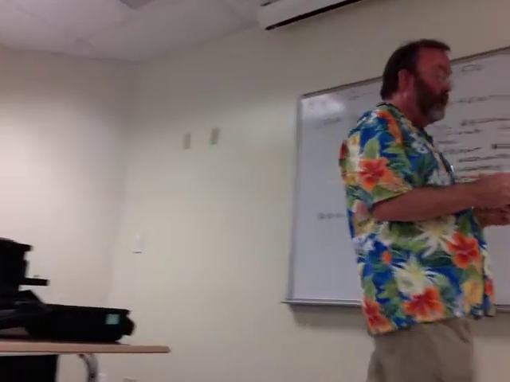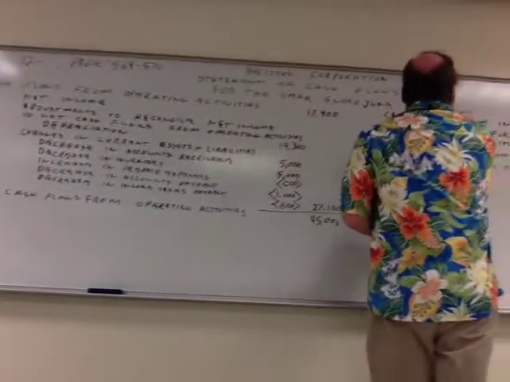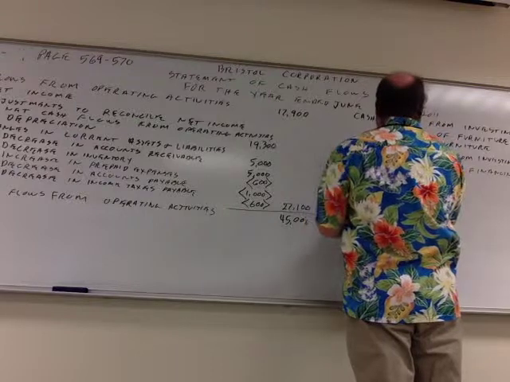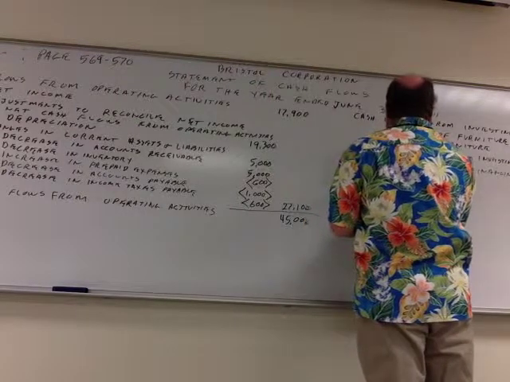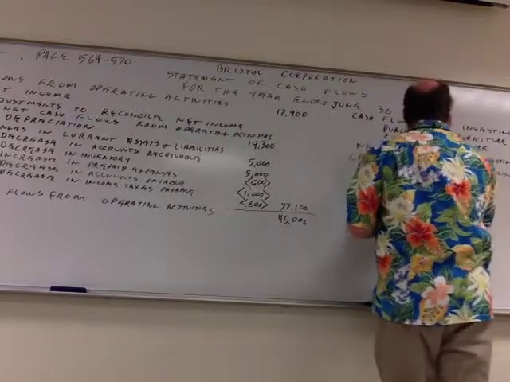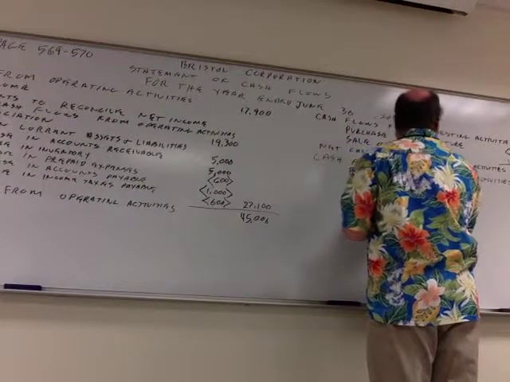Started the year at 35 and went up to 37. However, we know that we've already issued a note payable because we issued a note payable to buy this furniture. So proceeds from notes payable.